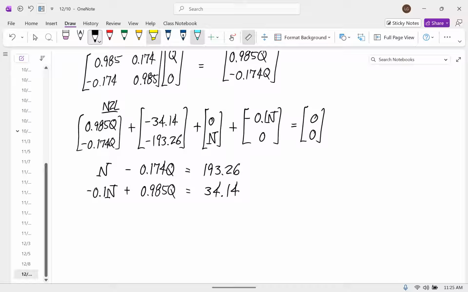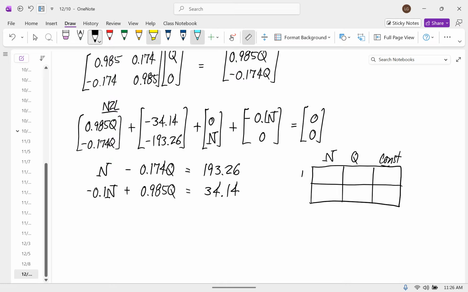And there's a few ways you could do this. I'm going to just keep going with the way I have normally done it in this class. We'll write out the matrix. So here's n, Q, and constant. Here's equations 1 and 2.